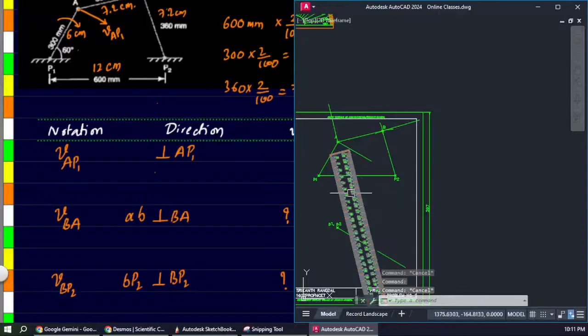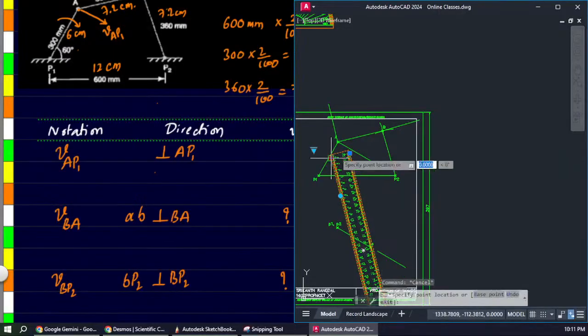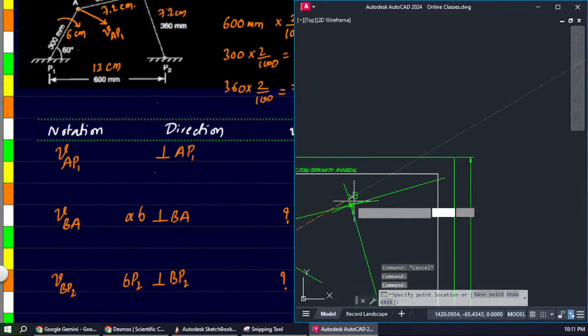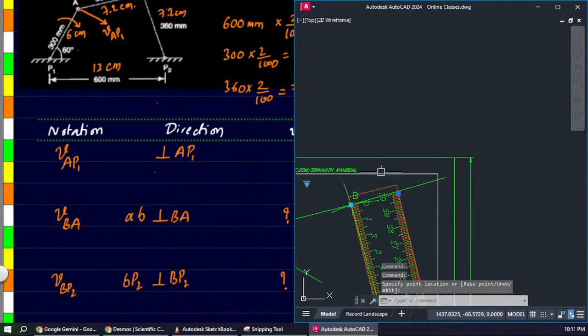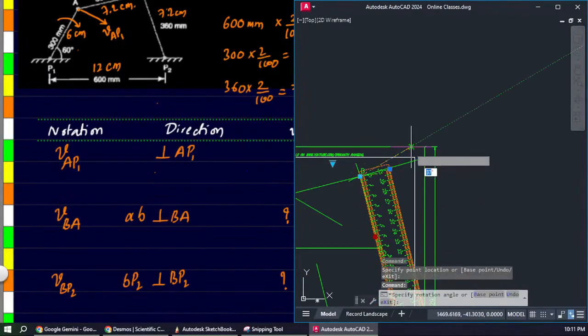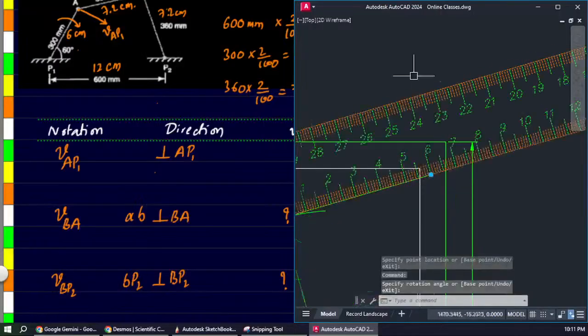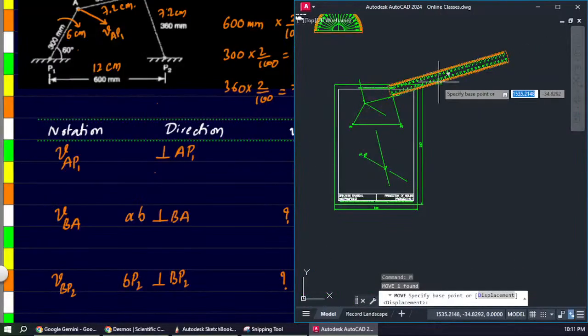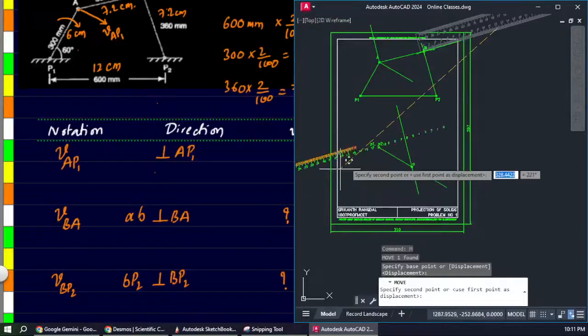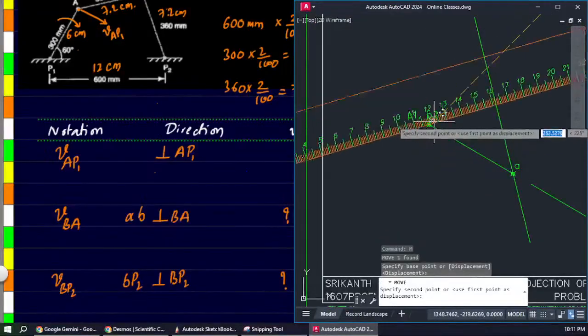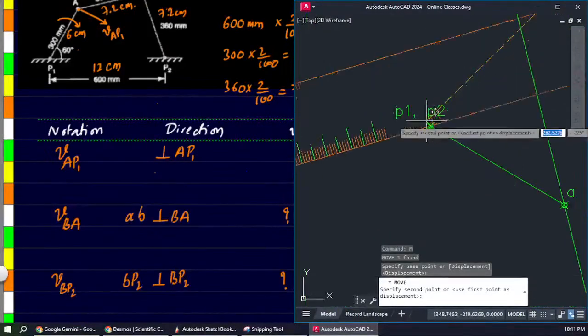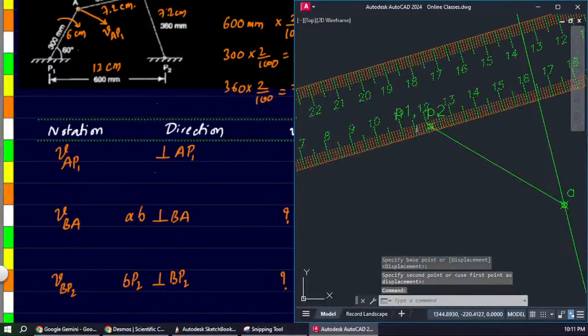Now we'll have to take our ruler, keep it parallel to this, and roll it till it passes through the point P2.